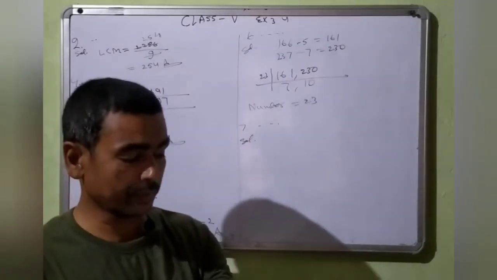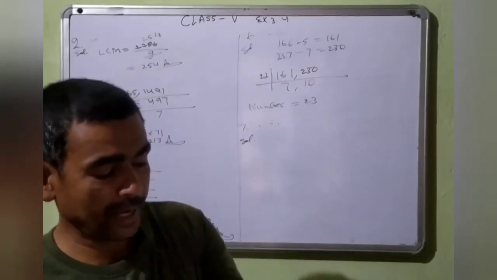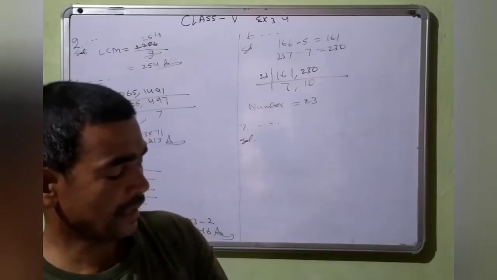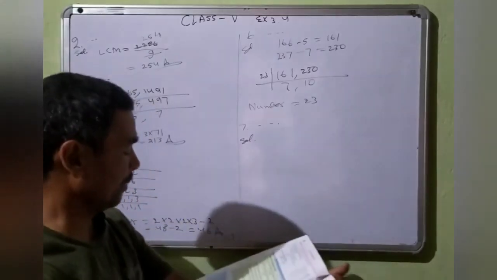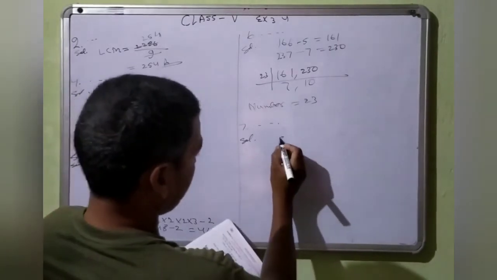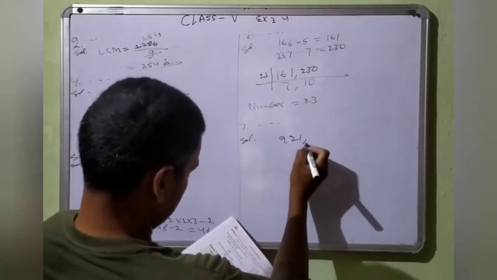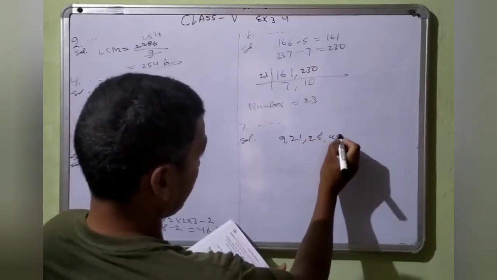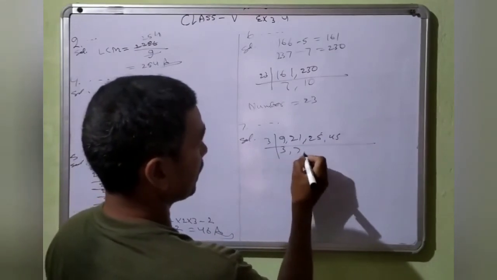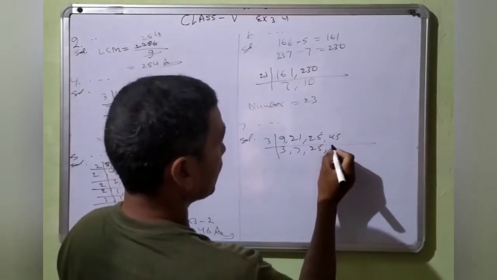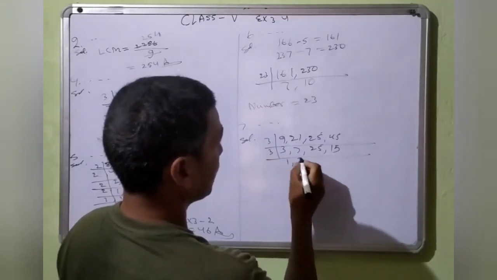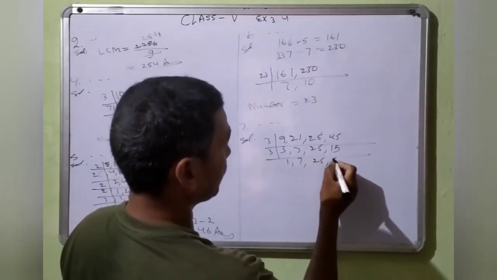Find the smallest number which, on being added 5, is exactly divisible by 9, 21, 25, 45. So first of all we will find the LCM of 9, 21, 25, 45. By 3, 3 threes are 9, 3 sevens are 21, 25 will be same, 3 fifteens are 45. By 3, 3 ones are 3, 7 will come, 25 will come same, 3 fives are 15.